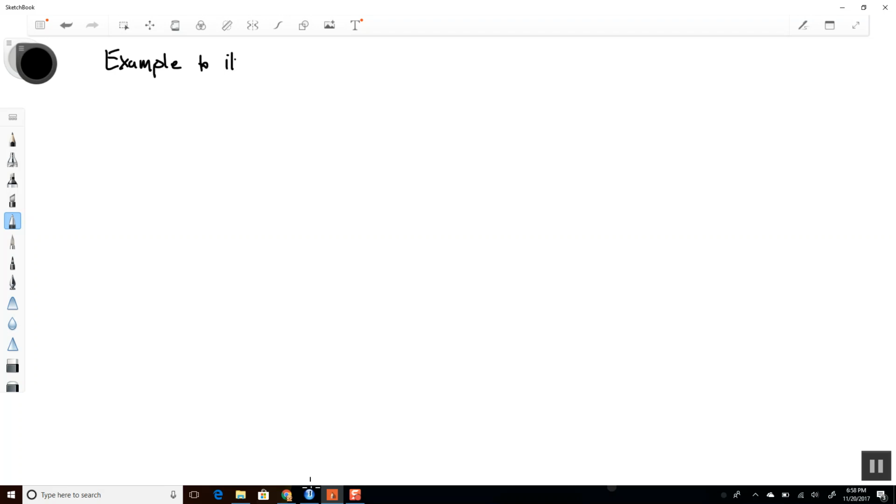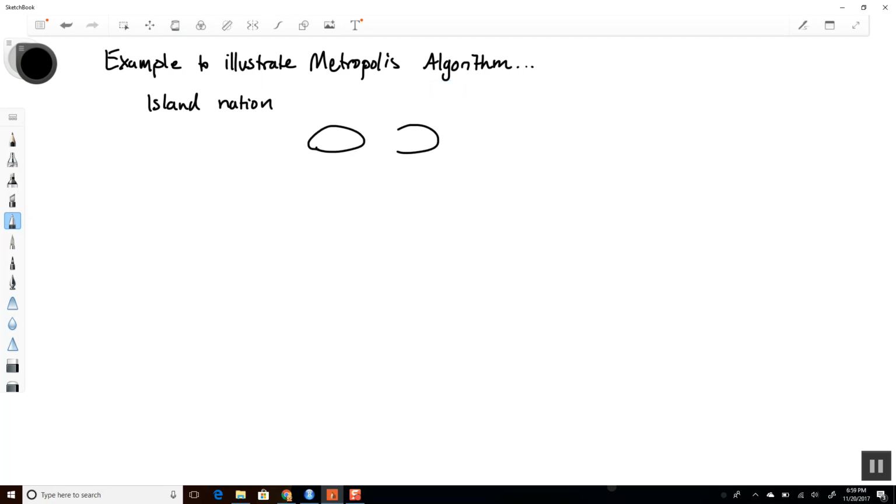Example to illustrate the Metropolis algorithm. All right, so let's say there's some island nation, and it's a chain of islands.